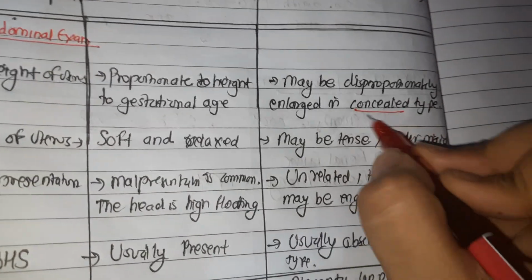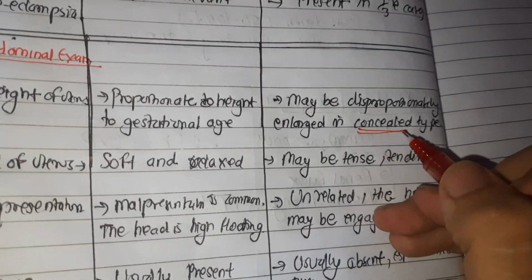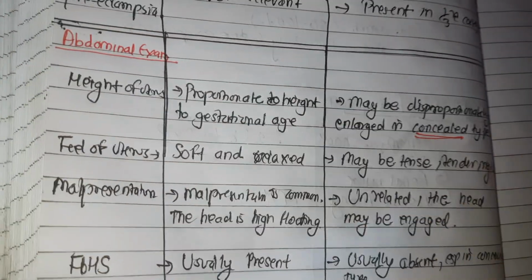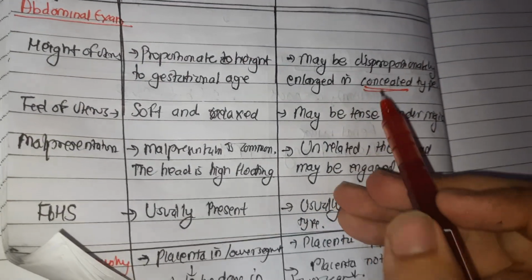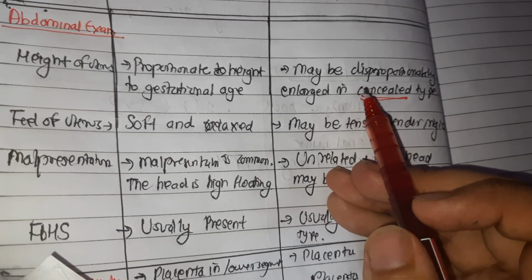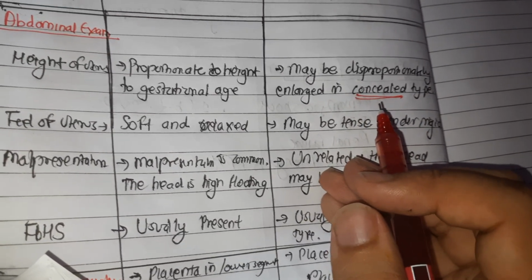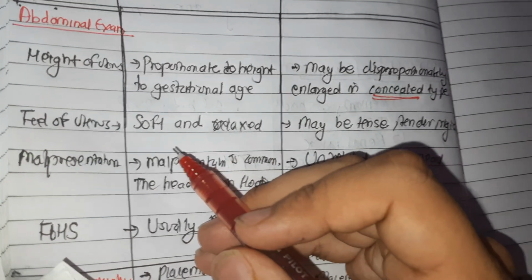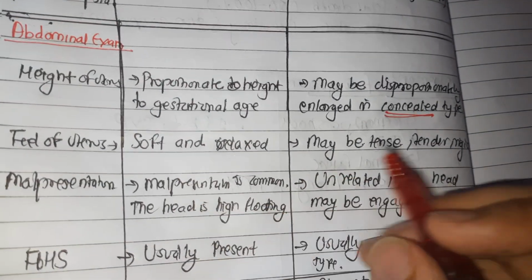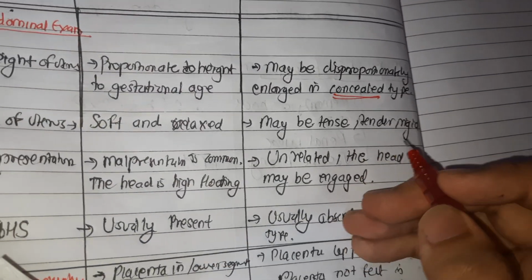In revealed type, it is the same as that of placenta previa. In the concealed variety, the height of the uterus is more enlarged and does not correspond to the gestational age.